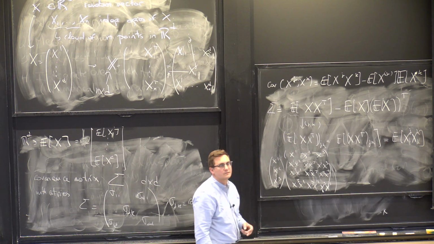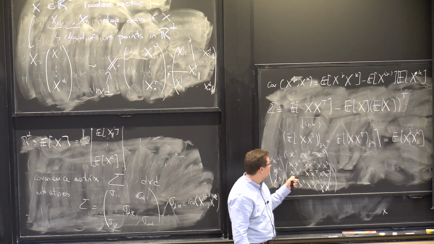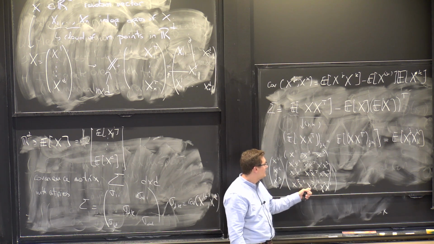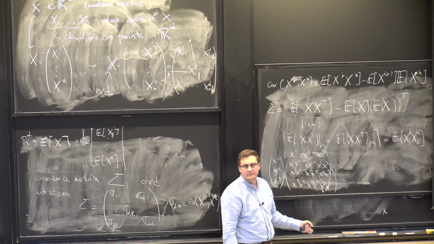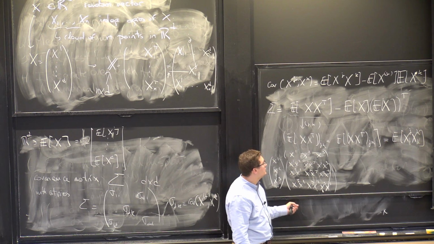Okay? So indeed, if you look at jk, you get exactly xj times xk. So that's the beauty of those matrices.